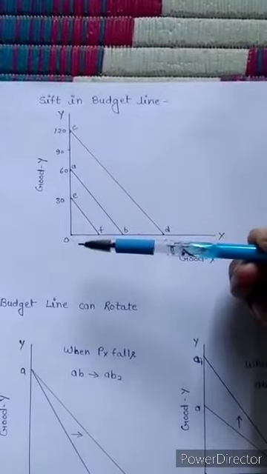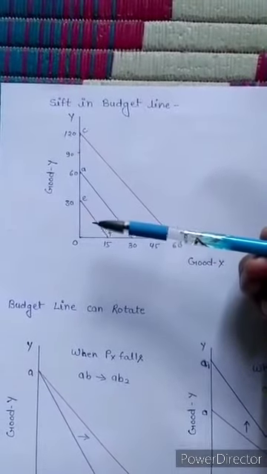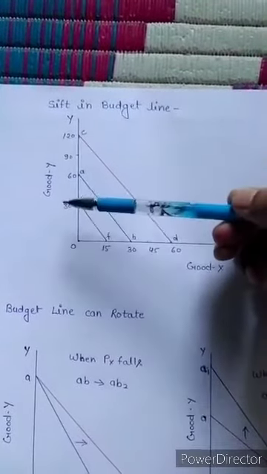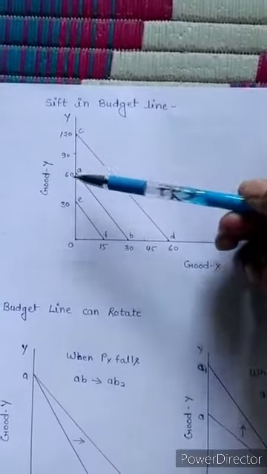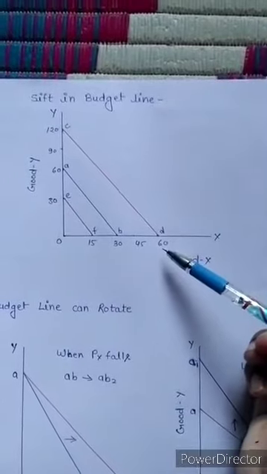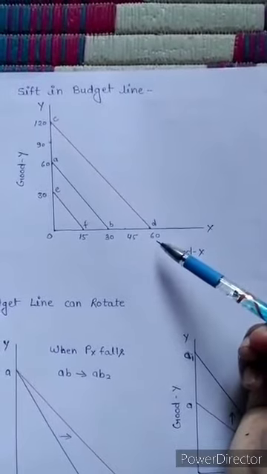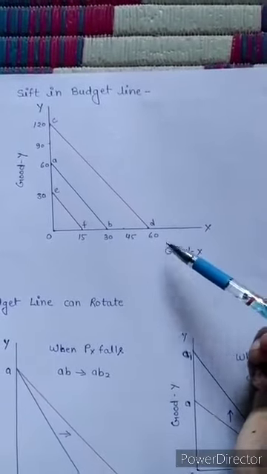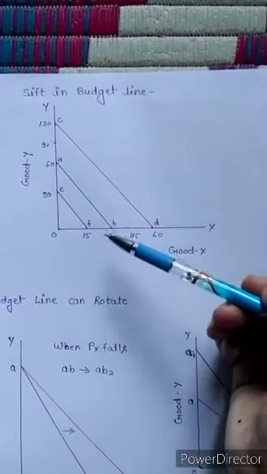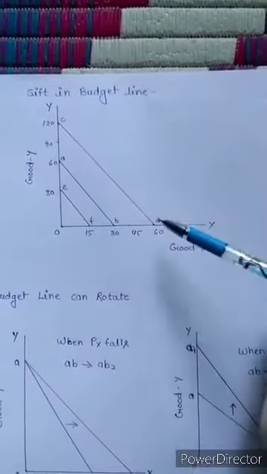At that condition, if the consumer spends all his income on goods Y, he can purchase 120 units of goods Y. On the other hand, if the consumer spends all his income on goods X, he can purchase 60 units of goods X. So if the consumer income increases, the budget line shifts upward from AB to CD.